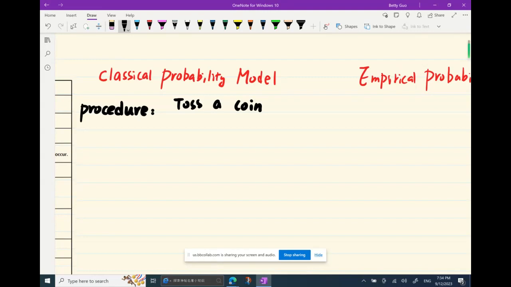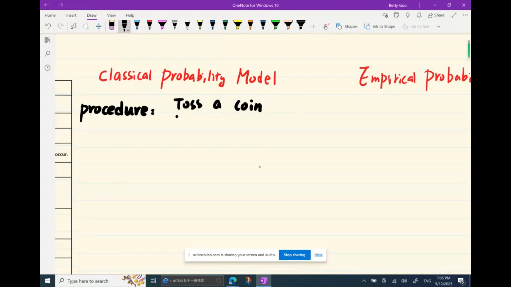Before we toss the coin, we know we get either a head or a tail. But exactly which will we get? We are not sure. So that is a procedure. A procedure is a process that gives us certain results. Before we apply the process, we know all the possible results, but we do not know which result exactly will occur. So that is a procedure.